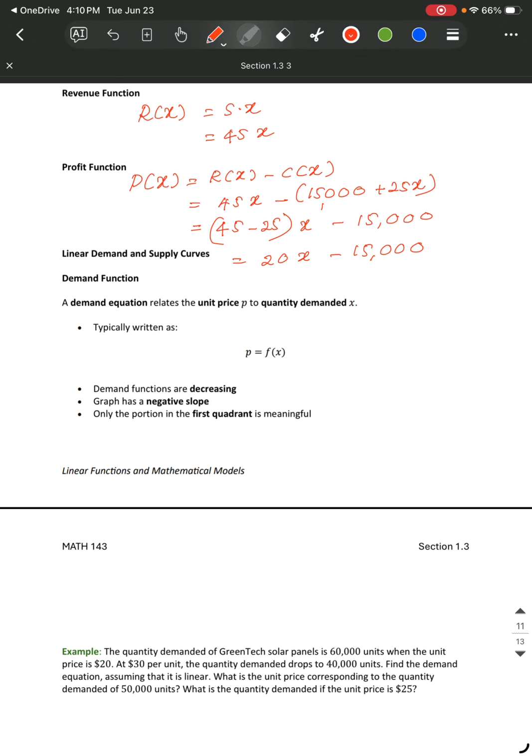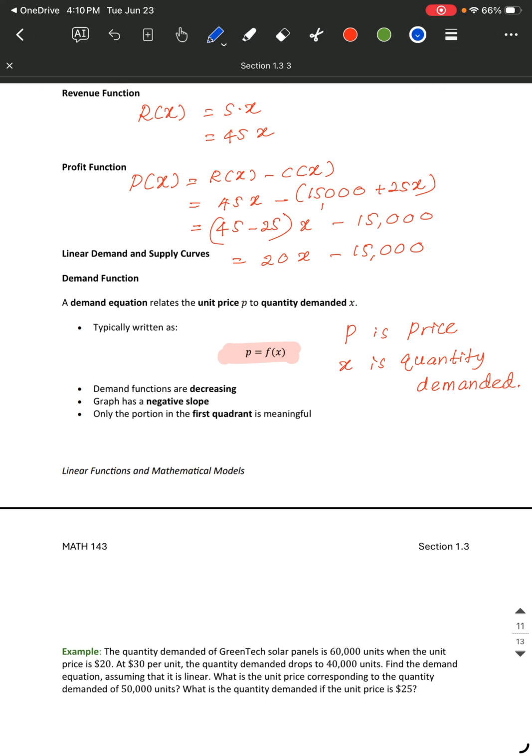Typically, we write it as P equals f of x, where P is price and x is quantity demanded. Demand curves usually slope downwards because as price increases, customers buy fewer products.